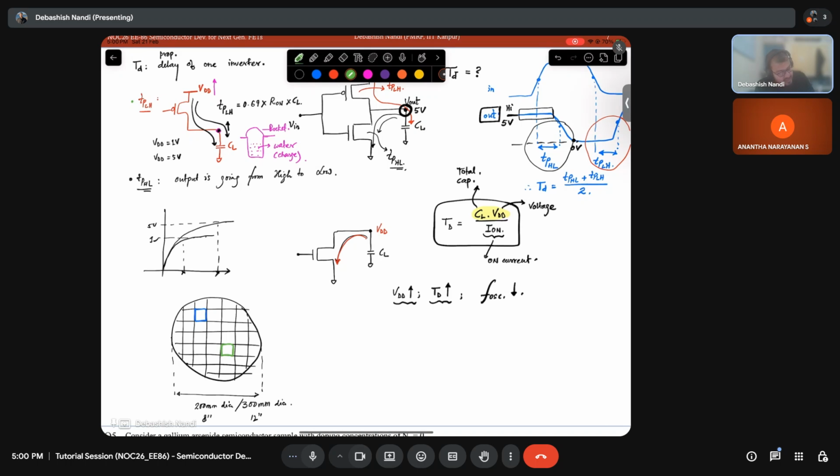Now you want to fabricate these on the same process because it is one single disc. You cannot do one thing differently and another thing differently.